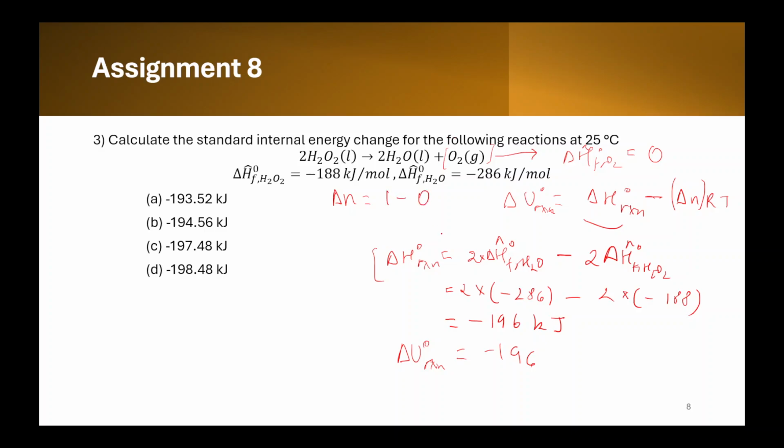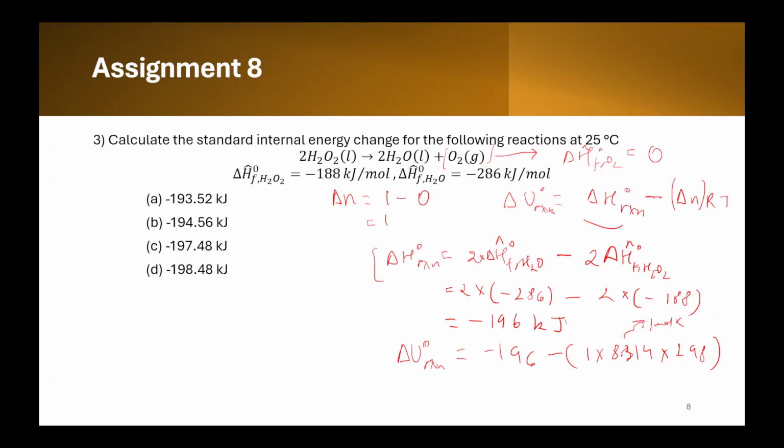So 1 minus 0, delta n is 1 only. So minus 1 into R, which is 8.314, into temperature, which is 25 degrees Celsius, so 298 Kelvin. Keep that in Kelvin because R is in joule per mole per Kelvin.